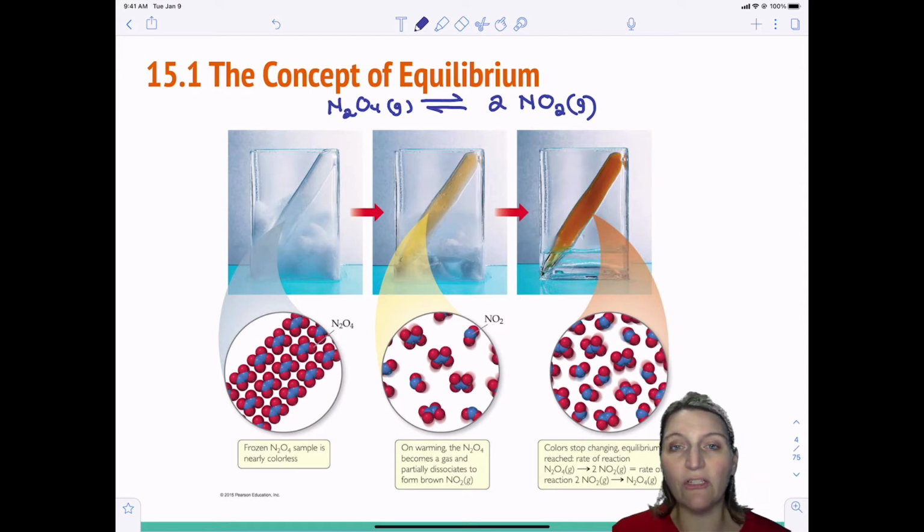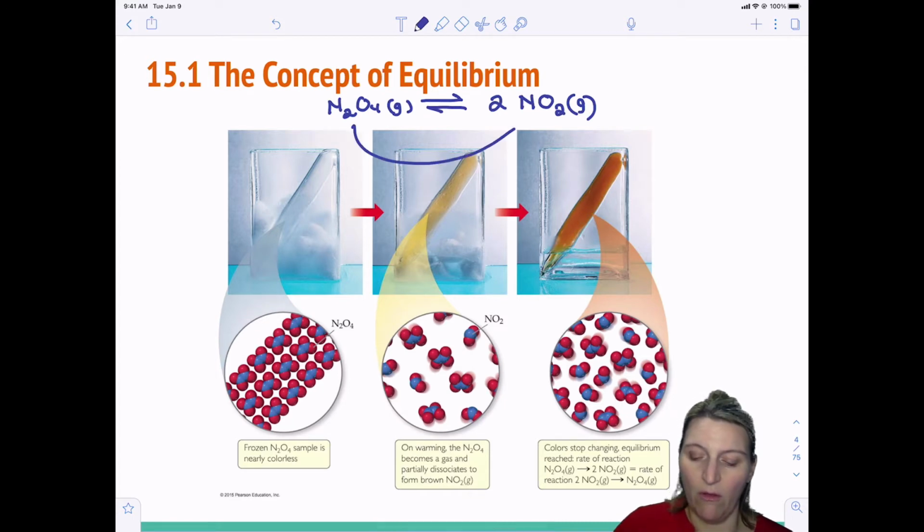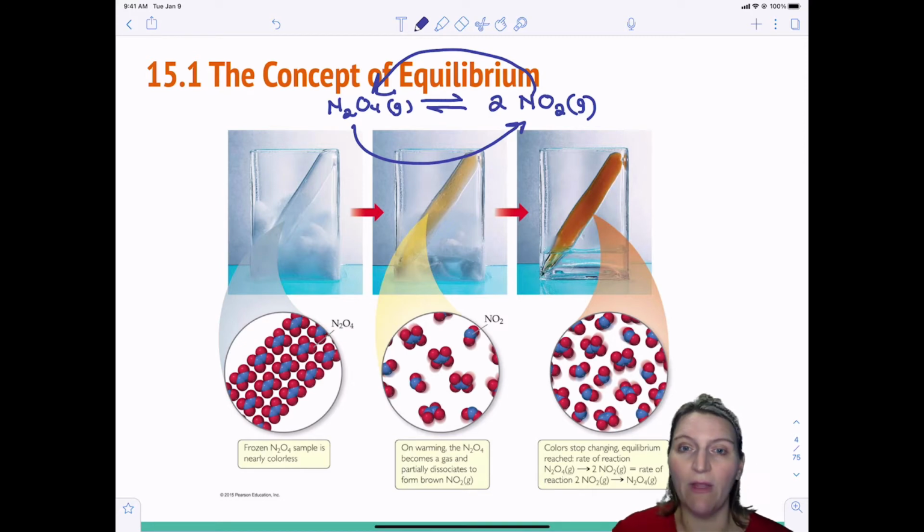But that reaction does not happen 100%. It doesn't go forward so that all of the N2O4 gets used up. What happens is, depending on the temperature, a certain amount of it will go and make products, and then the products will reform the reactants.